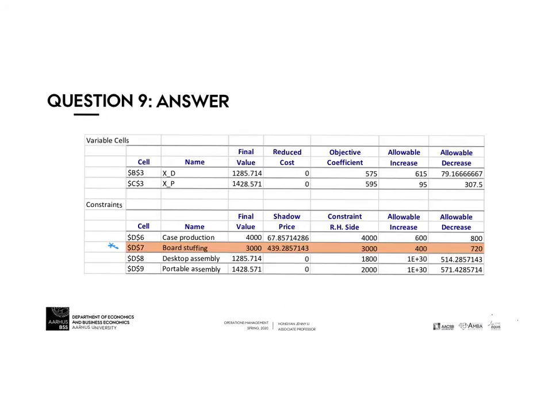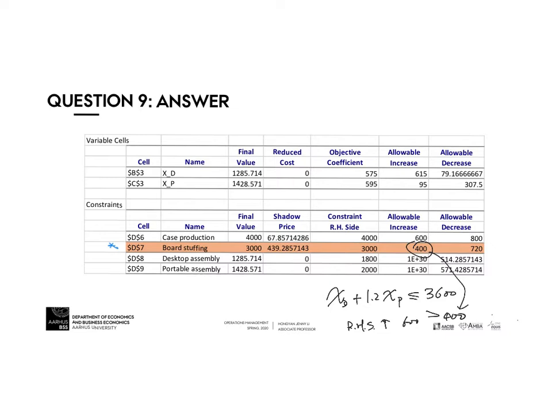The constraint is xd plus 1.2 xp less than or equal to 3000. The right-hand side increases by 600 units, which is greater than the allowable increase, here 400. That's how you get 400.